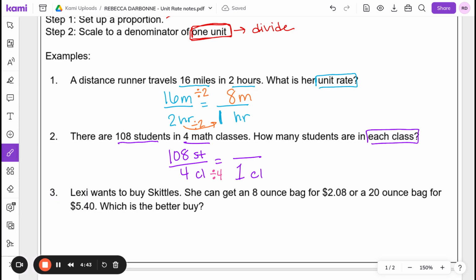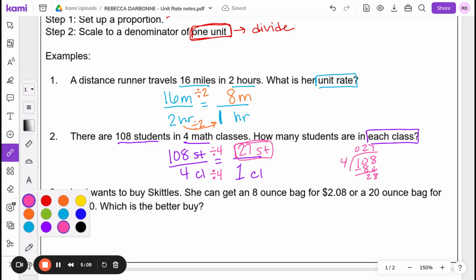You divide by 4. Whatever you do to the bottom, you do to the top. So 108 divided by 4 is 27. So there are 27 students in each class. They're pretty big classes.